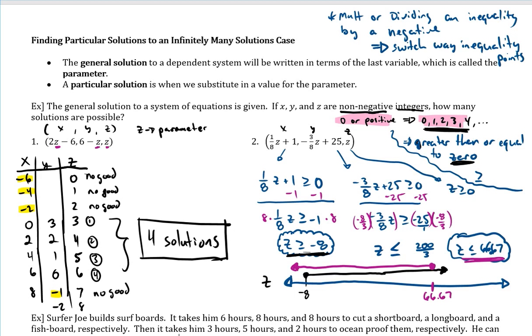So we're going to make sure our values are either 0 or positive, and then they eventually give us only integers. So from -8, we would not have any type of answer until, I'm going to put a big dot, 0. This looks like it could be one of our first answers. Using z equals 0 looks like it should give us an answer.